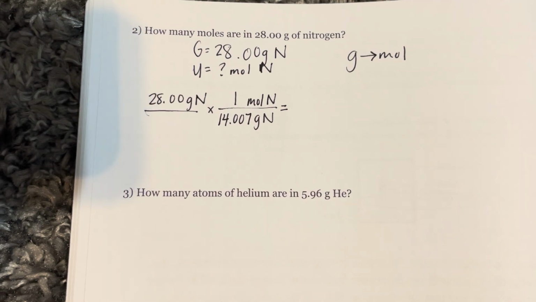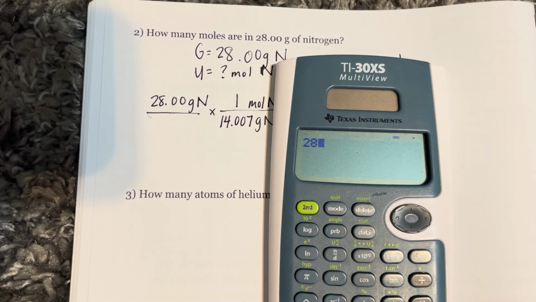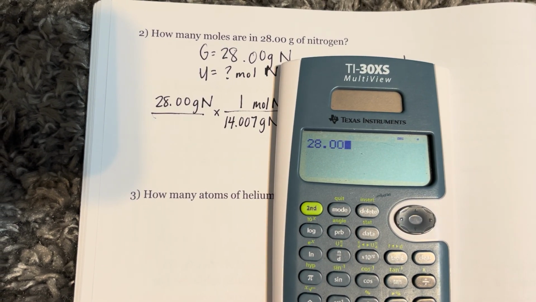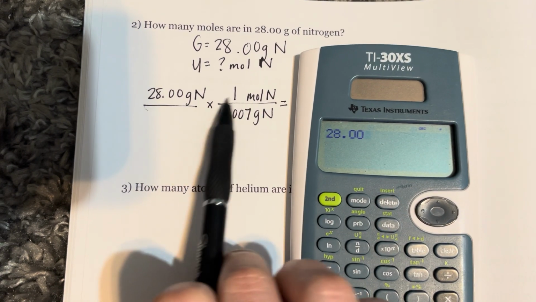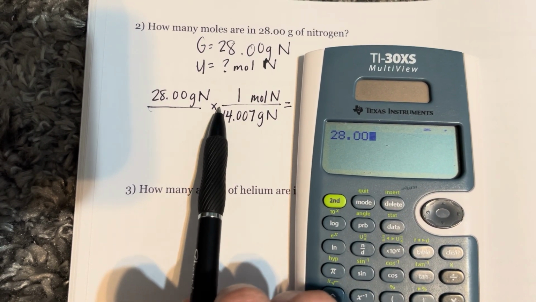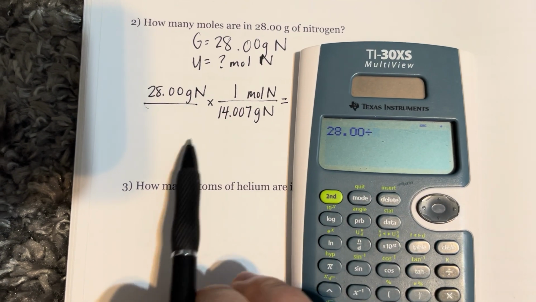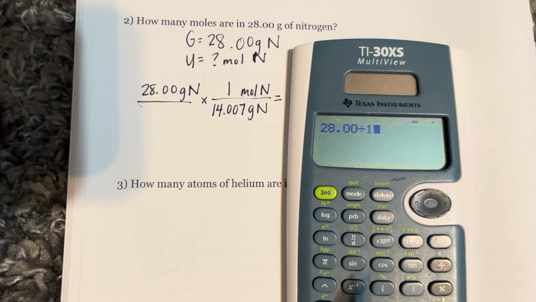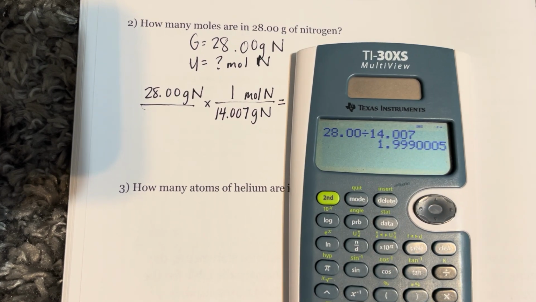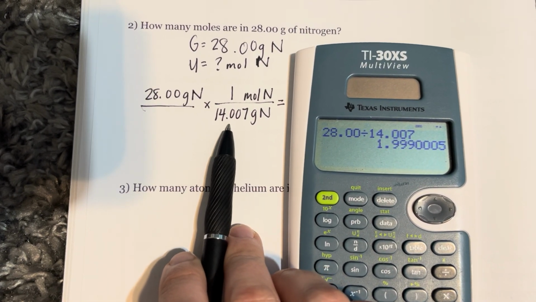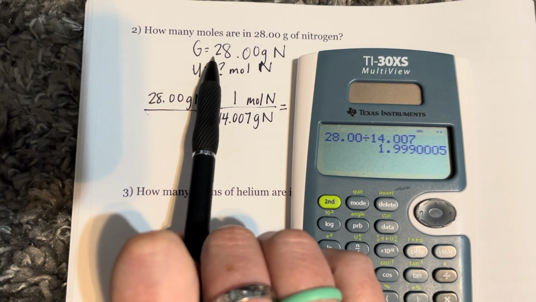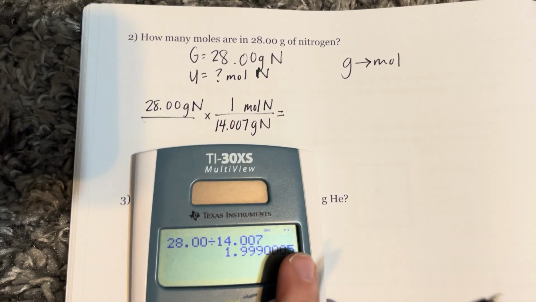Start with your given, 28.00. Okay, like I said, you can multiply by 1 or you can just skip that part. Same thing with if the 1 is on the bottom. Doesn't matter. Divide by 14.007. That's on the bottom, so we divide by that. Okay, how many sig figs? 1, 2, 3, 4.